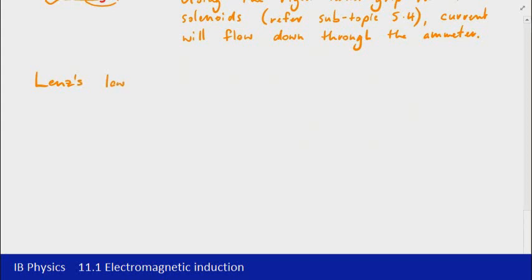And that is that Lenz's law is basically just an application of two ideas that you should be familiar with. The first is that it's basically just conservation of energy. And the second is that it's an example of Newton's third law.